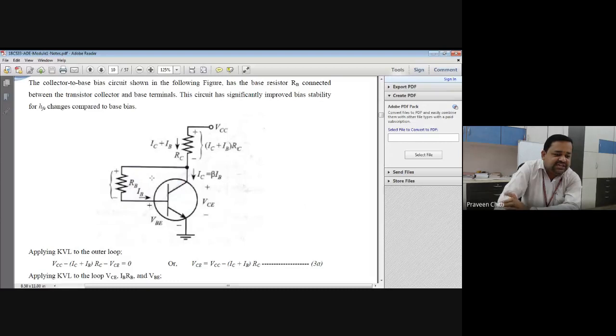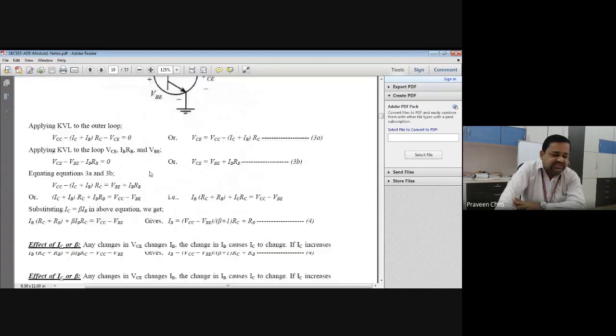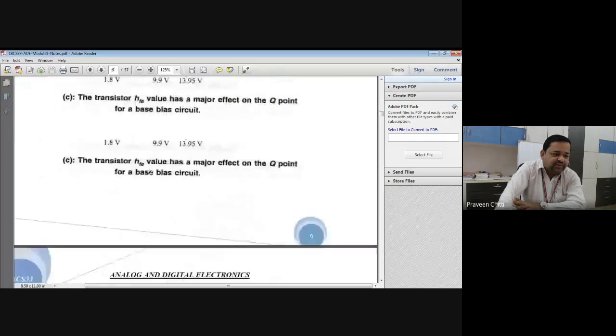If there is any change in IB, it can be compensated by changing IC, so that IC plus IB can be kept constant, and this circuit provides better stability compared to the fixed bias circuit. So that is the second circuit, the collector to base bias circuit.